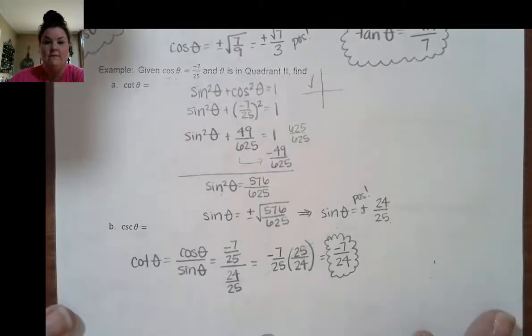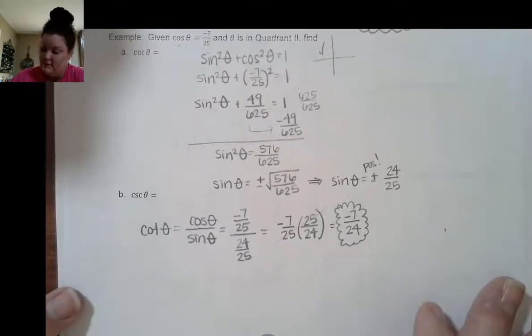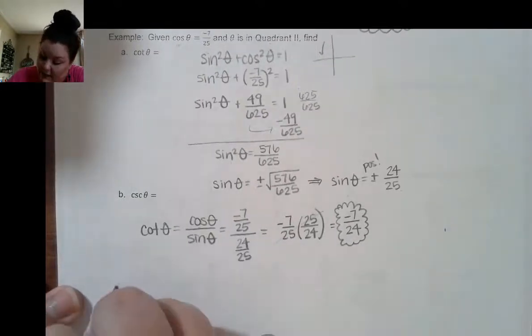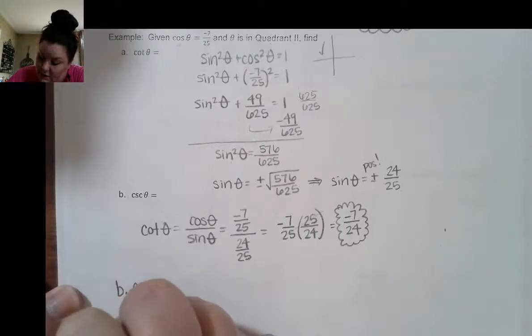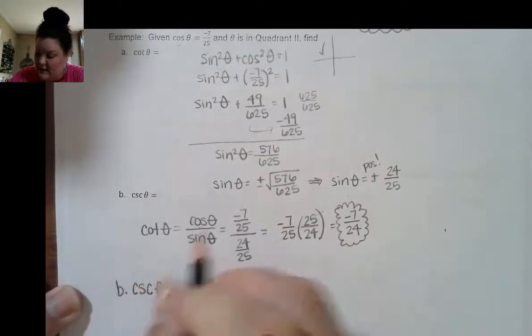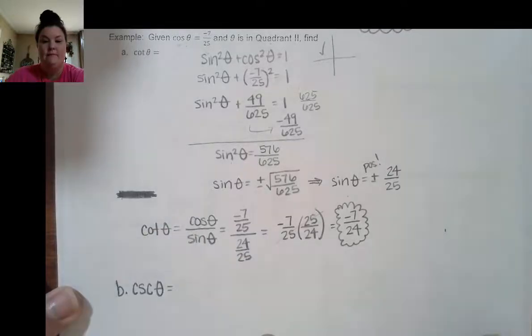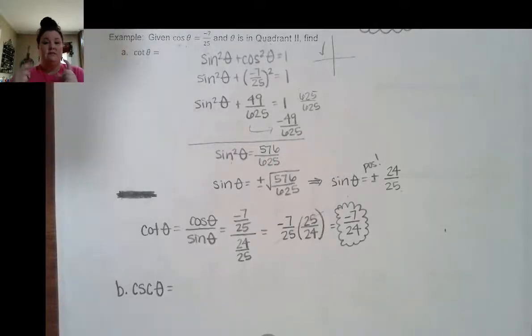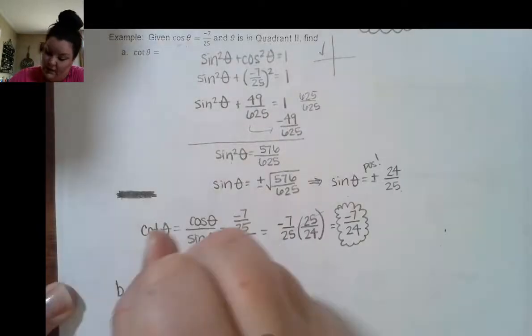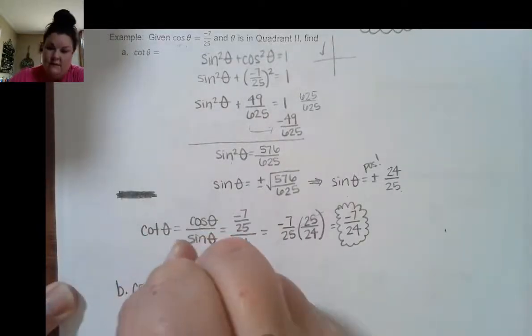Okay, let's move on. So I'm going to go ahead and move part B down here, which is asking us to find the cosecant of theta. Okay. So let's think about this. Cosecant is one of the reciprocal identities, right? And it's the reciprocal of sine theta, right? This is the same thing as 1 over sine theta.